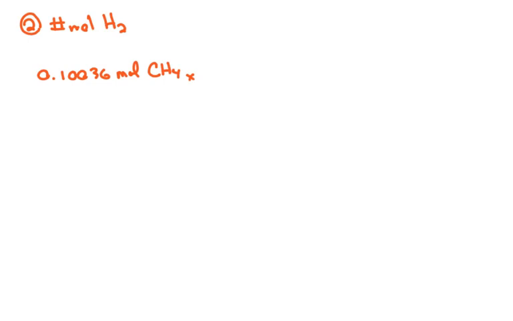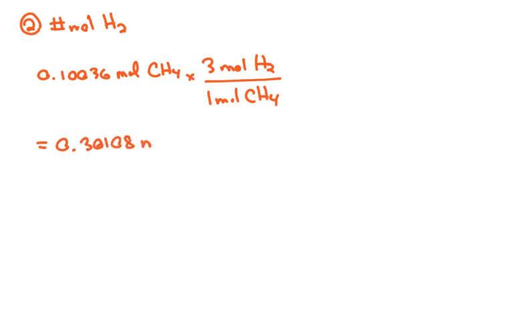Looking at the chemical equation for the mole ratios, we have 3 moles of hydrogen in the chemical equation, 1 mole of methane. Multiplying that out gives us 0.30108 moles of hydrogen, and this is how much we should make in theory.